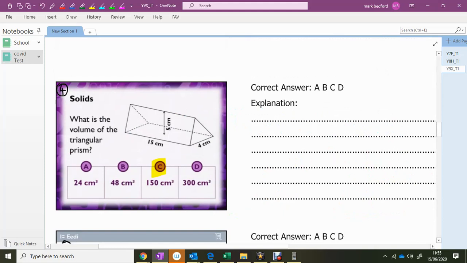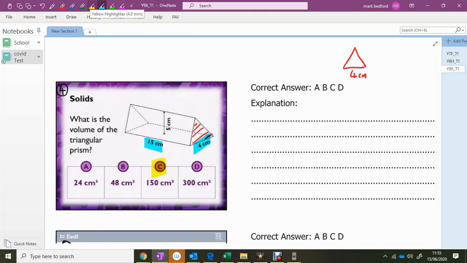On 4, we're asked to work out the volume of a triangular prism. When you have a prism, you need to know the cross-sectional area, and for a prism it's the area at either end, and then you need to times that by its length, in this case 15 centimeters. So let's break that down into two parts. First of all, let's work out the area of that triangle at the end. We know the base is 4 centimeters, highlight that in blue.